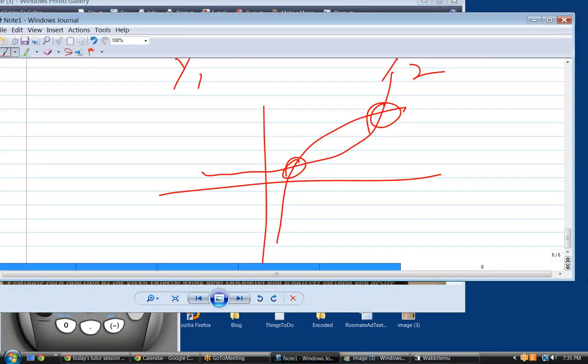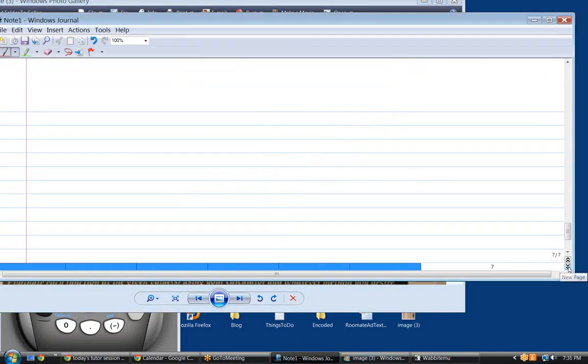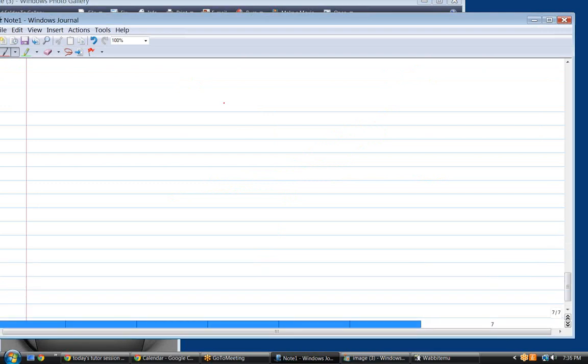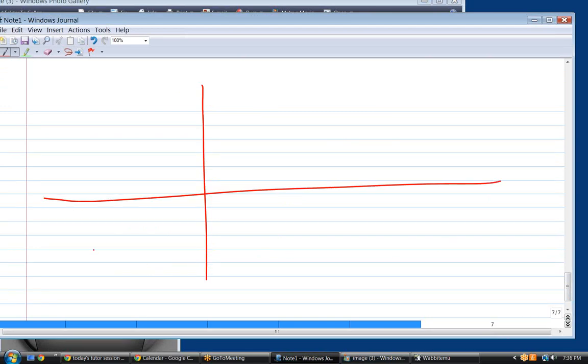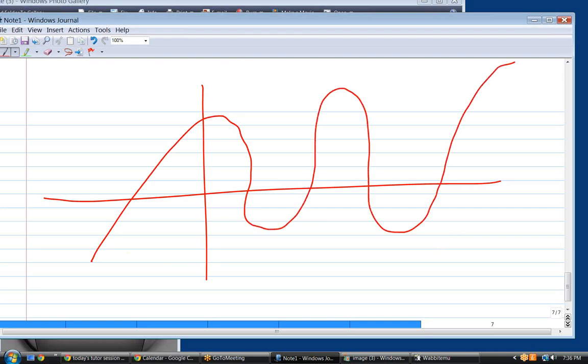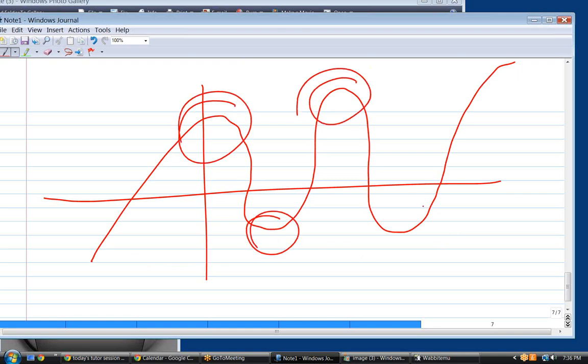In other words, if you end up with a curve, this is a 5th degree polynomial, so it could have 4 loops in it. In other words, it could do 1, 2, 3, 4. It could be one local max, another local max, and then 2 local minimums. Okay?